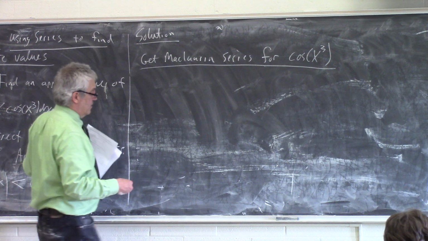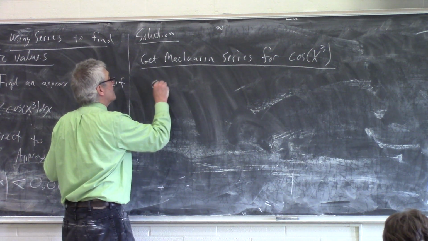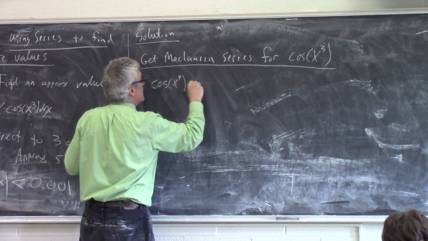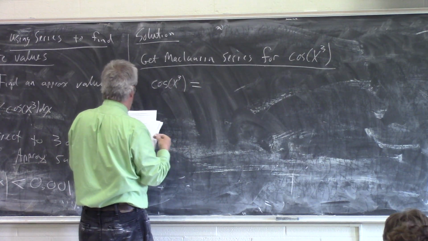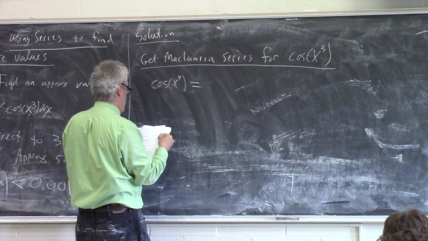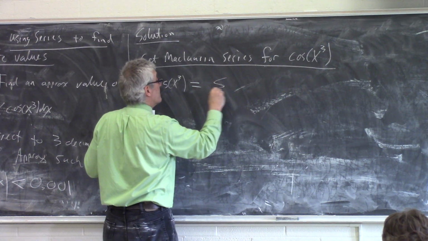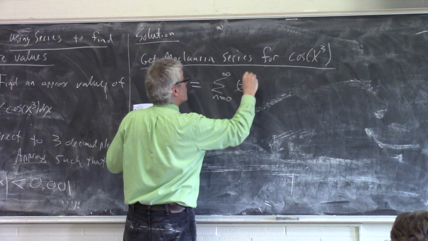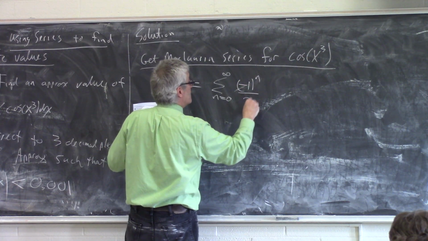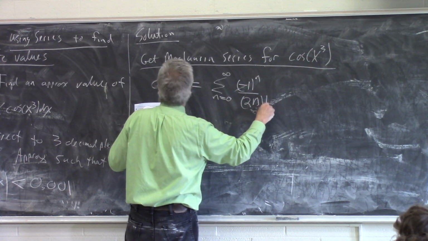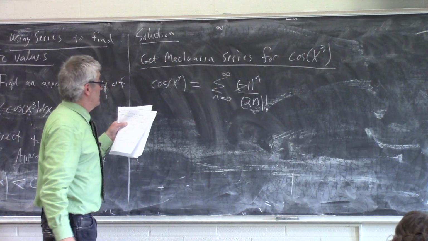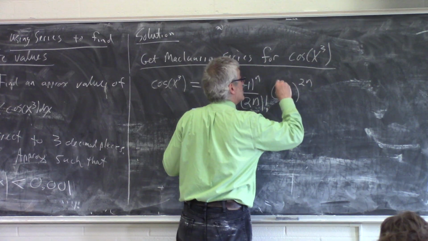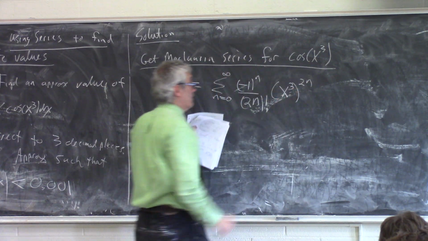Well, from what we've done today, I think you can see where this would come from. Cos x cubed would be that, I get that form for the cosine function. So I write the sum as n goes from 0 to infinity of (-1)^n over (2n)! and then I put x cubed in the parentheses and raise that to the 2n power.